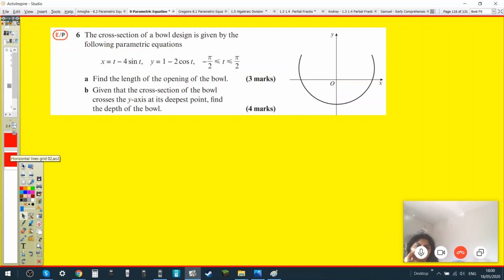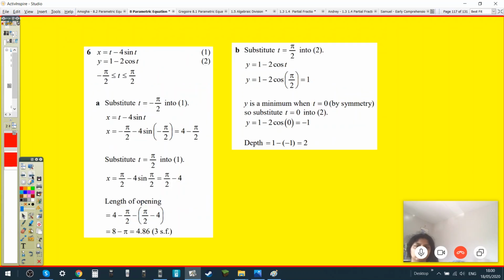Would that be like the end and not in the middle? Into 2? So y is that. So you get 1. Y is a minimum when time is 0. So they doubled their one as well. Y is a minimum.